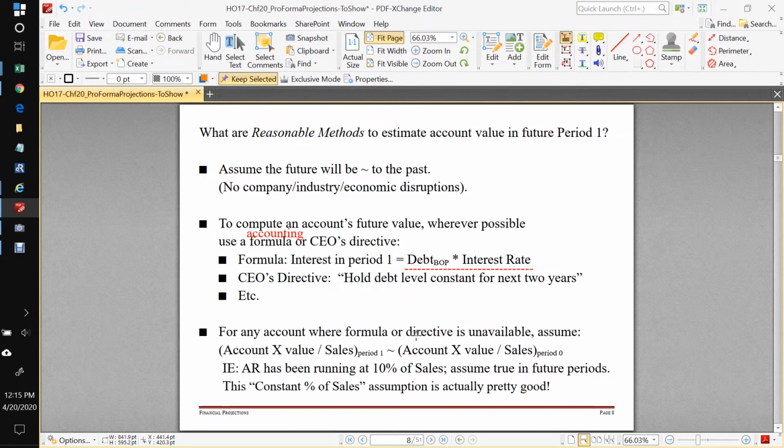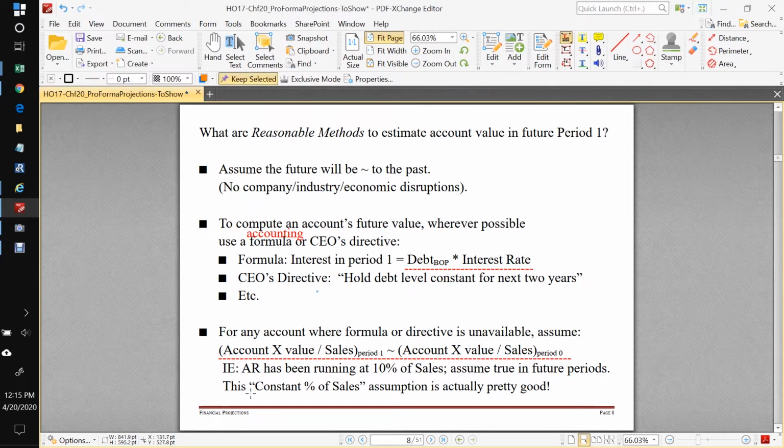And then finally, for any account where we don't have a formula or a directive, we're going to assume this: that the value of account X divided by sales in period 1 is proportional to, equal to, the value of account X over sales in period 0.